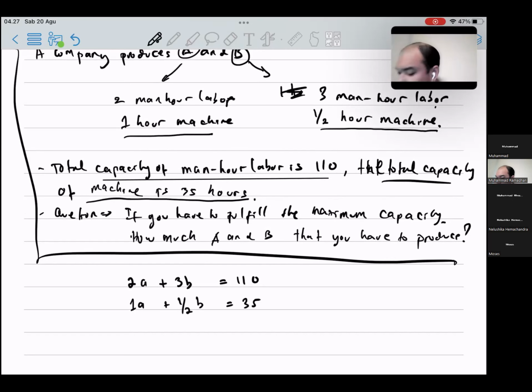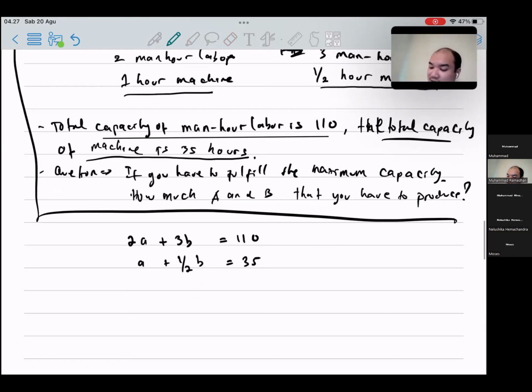Or you can delete 1. So A plus half B is equal to 35. This is the system of linear equations that you have to solve.